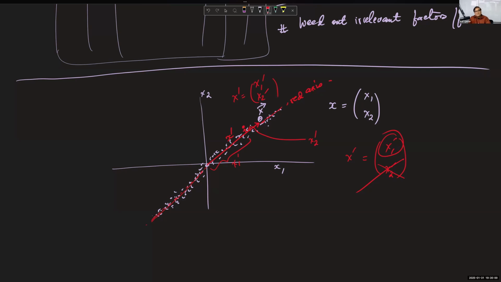Here what you're saying is, it isn't that x2 prime doesn't exist. It's just that if you judiciously choose an axis, a principal axis, then the off-principal deviations, maybe we can ignore them as a first-order approximation.